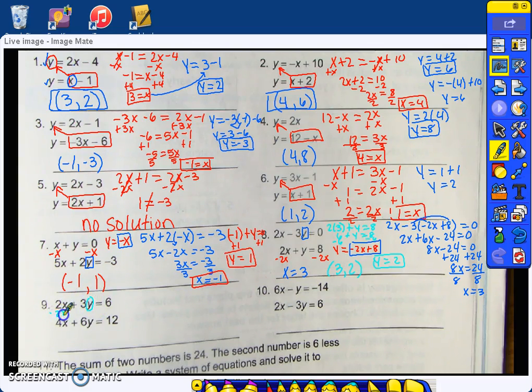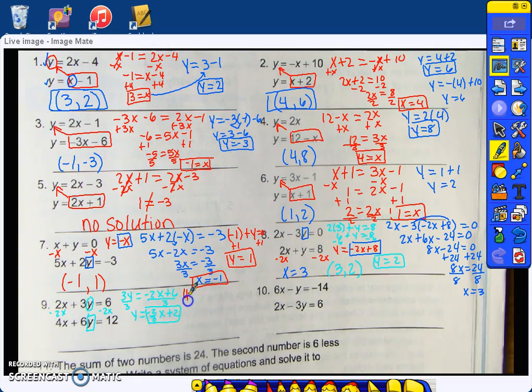So I'm going to subtract 2x on both sides. That leaves me with 3y equals negative 2x plus 6. Divide by 3. Y equals negative 2/3 x plus 2. So I'm going to take this negative 2/3 x plus 2 and I'm going to plug it in for everywhere I see y in the other equation.